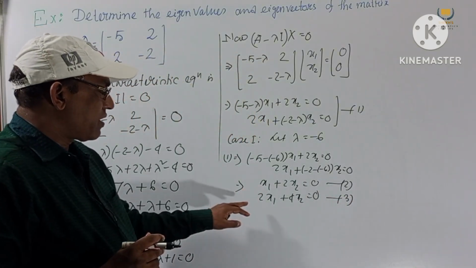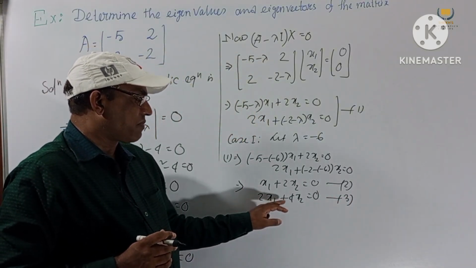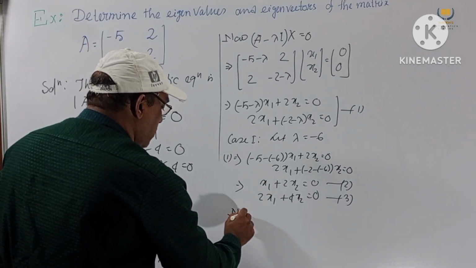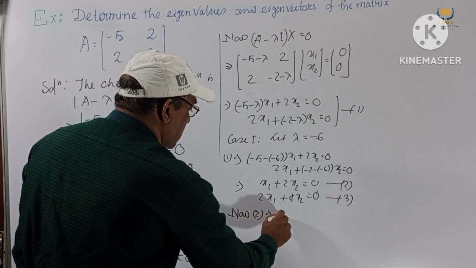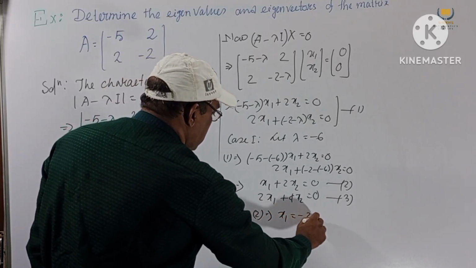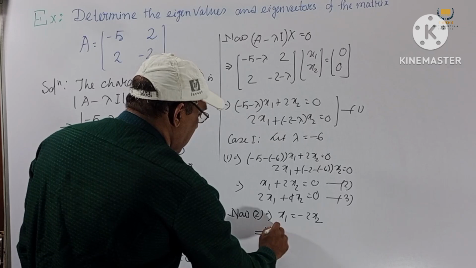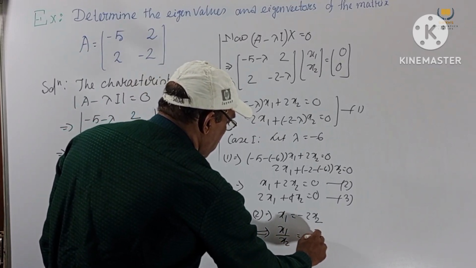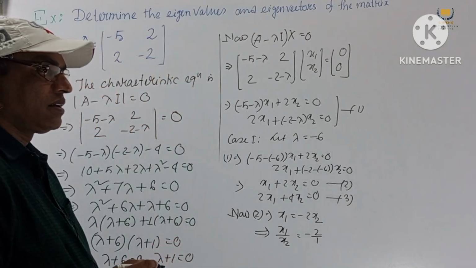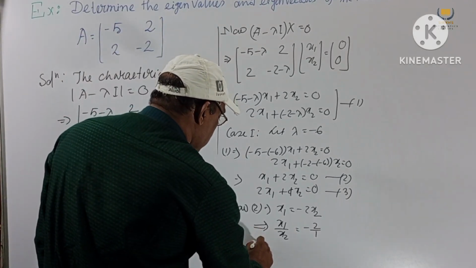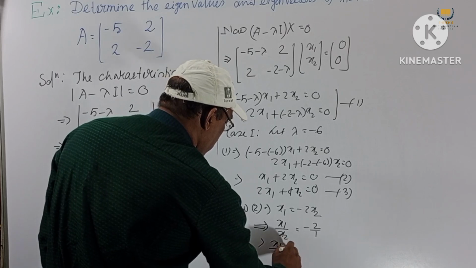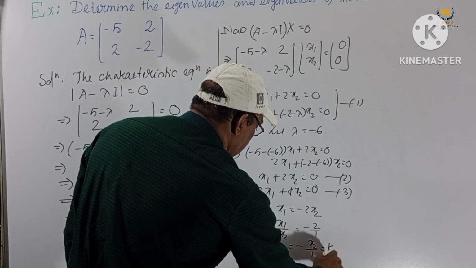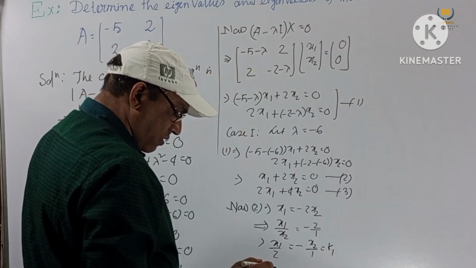Both are the same equation. If we divide this one by 2, then we get x1 plus 2x2. Any one of these we solve. Now 2 implies x1 equal to -2x2, and x1 by x2 equal to -2 by 1. So this is x1 by 2, x2 by -1, and this is k1 we consider.